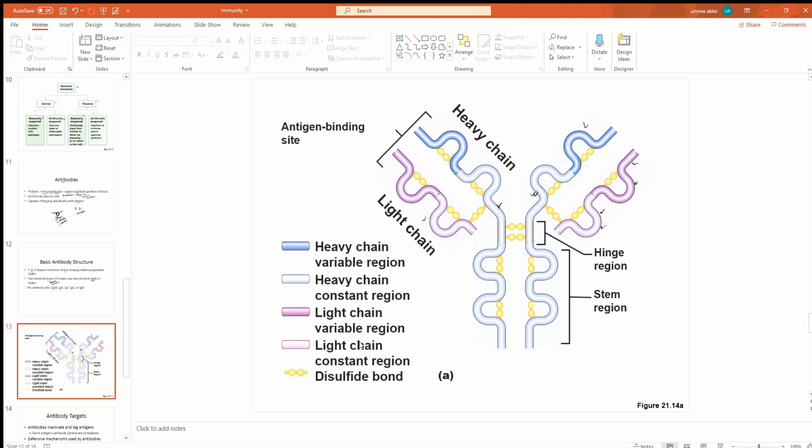Now why does this part change? Because this part gets attached to the antigens. So you see the antigen binding site. So the variable part gets attached to the antigen. And now why that part is variable, just think this way. In your car you keep a toolbox, right? And you see that the toolbox has only one shaft or handle.